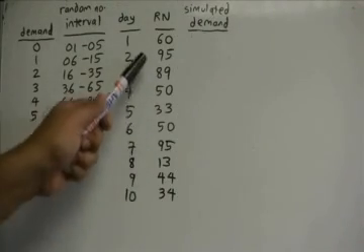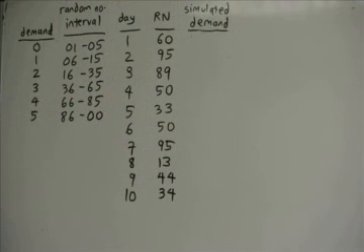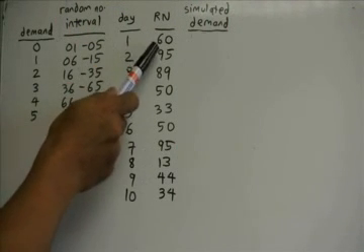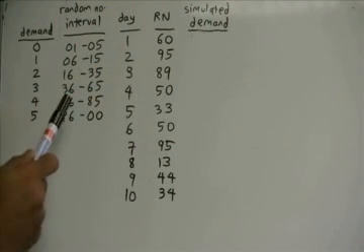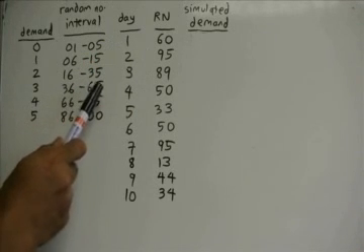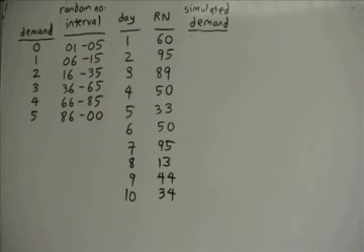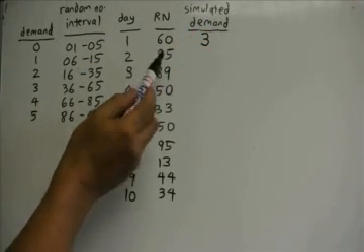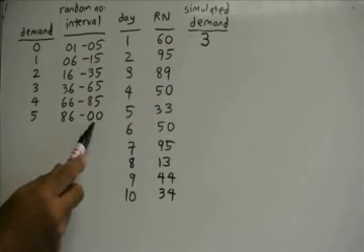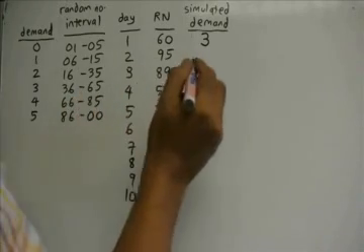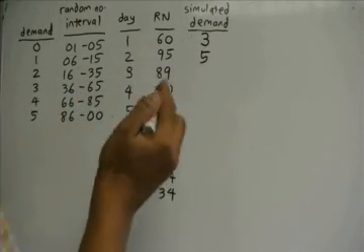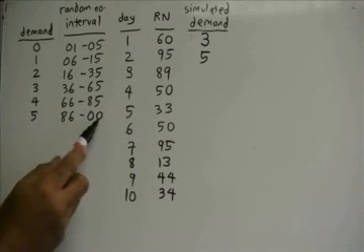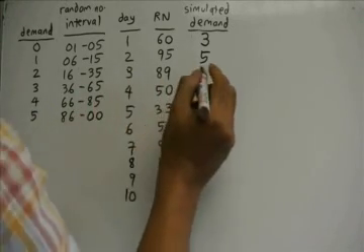These are the random numbers from the random number table. For day 1, random number is 60. 60 is between 36 to 65, so the simulated demand is 3. 95 is between 86 to 00, so the simulated demand is 5. 89 is between 86 to 00, so simulated demand is 5.